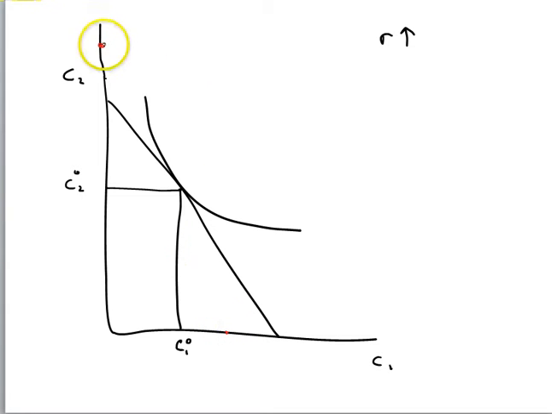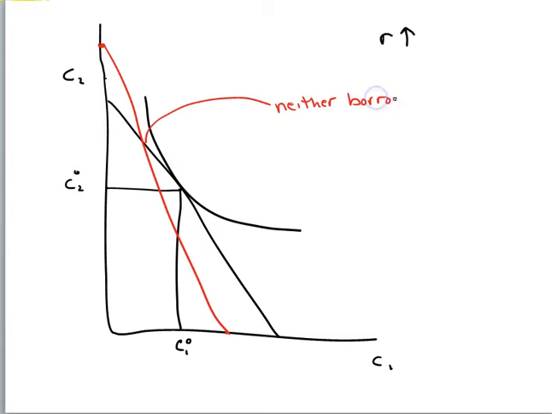And if we connect those two, this point right there is the point at which a consumer neither borrows nor saves.